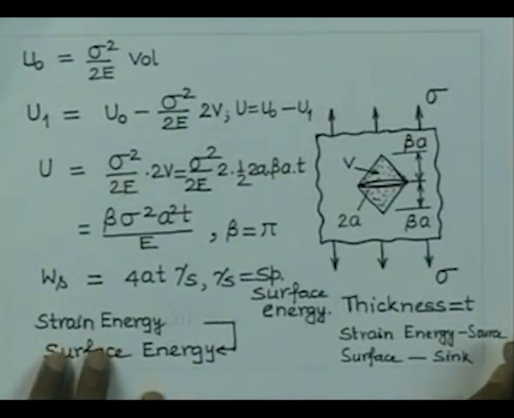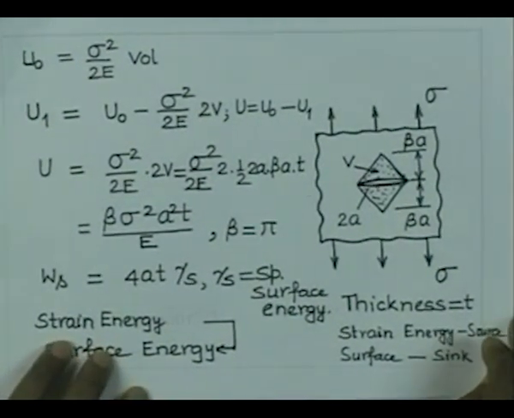So, what is the condition for the unstable crack extension? If the energy is getting gradually converted from the strain energy to surface energy, then what is the condition for the unstable crack extension? Therefore, there is a rate at which the strain energy is getting released from the body, and at the same time there is a rate at which the energy is getting absorbed at the surfaces.